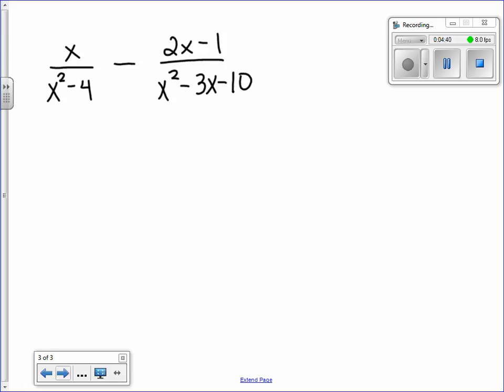What does x squared minus 4 factor down to? Not plus 4, x minus 2, x plus 2. How about this one? Do we know what that's going to factor down to? X minus 5, x plus 2. Okay? Great.